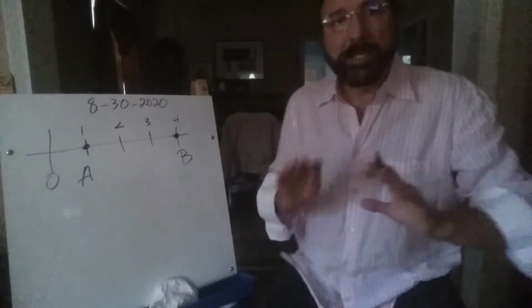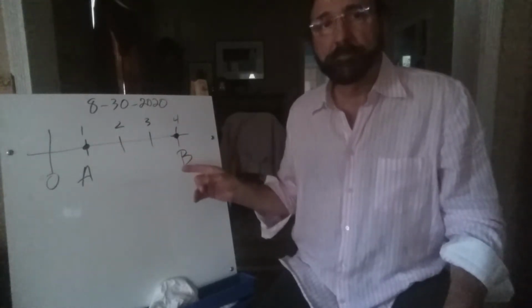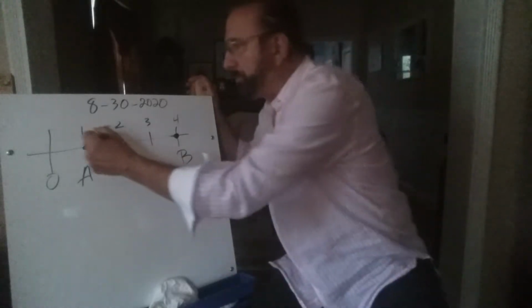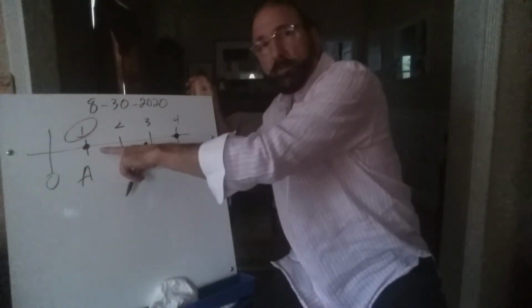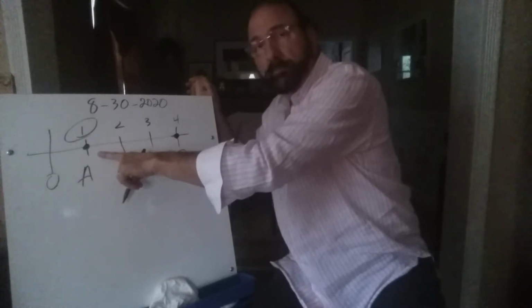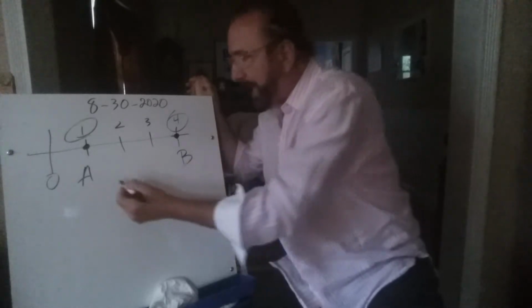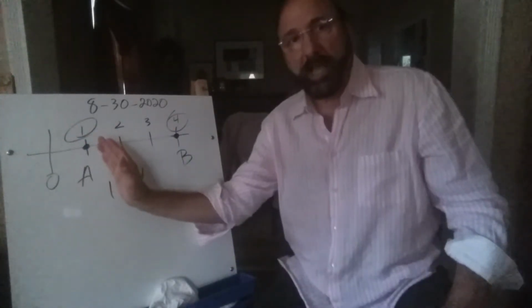My question to you guys last week was, what if we want to know the midpoint between A and B? Easy. All you do is take the 1, because that's where point A is, and the 4, where point B is, add them together. This is one length, right?